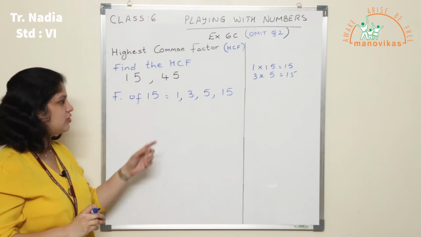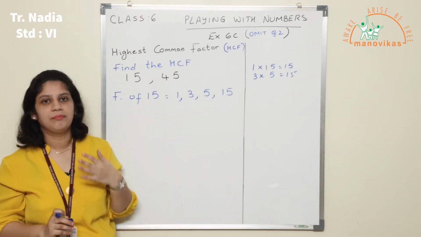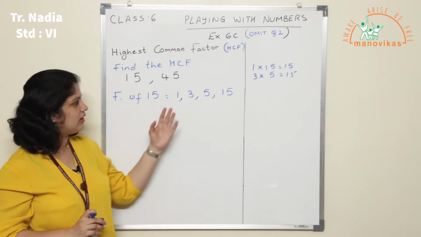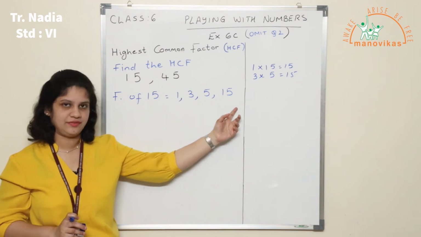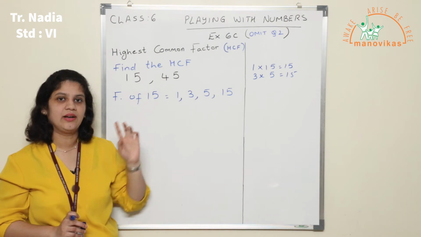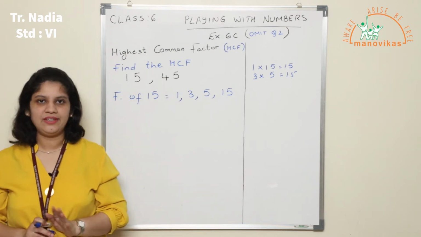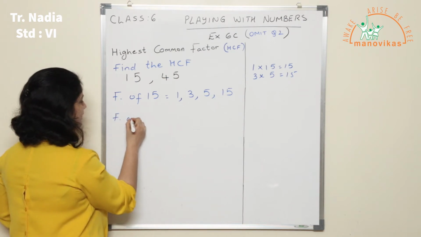Once again I am telling you children, the number 1 and the number itself will always be there. So all the factors of 15 are 1, 3, 5 and 15. What I mean is these four numbers can divide 15 completely without leaving any remainder. Let us see how many factors 45 has.